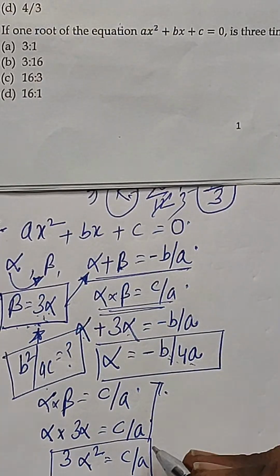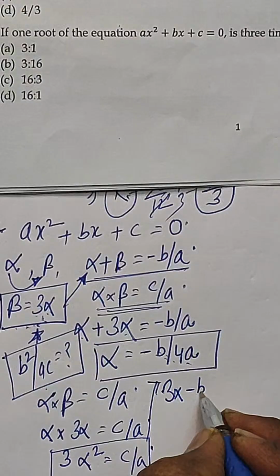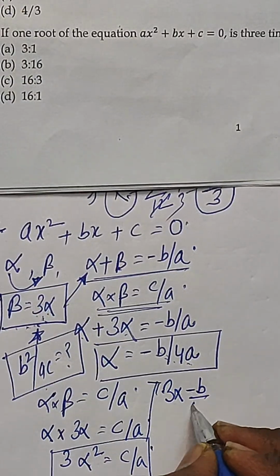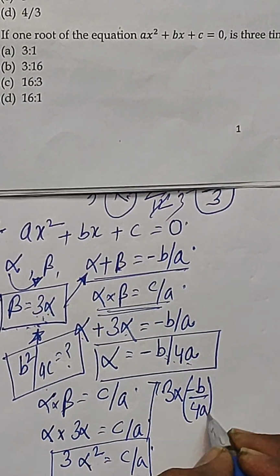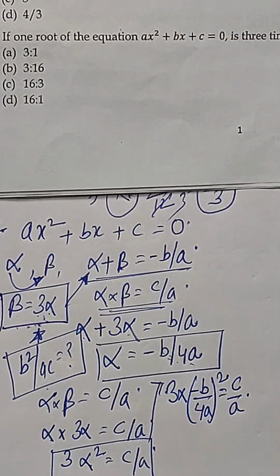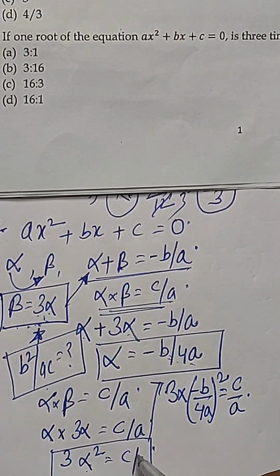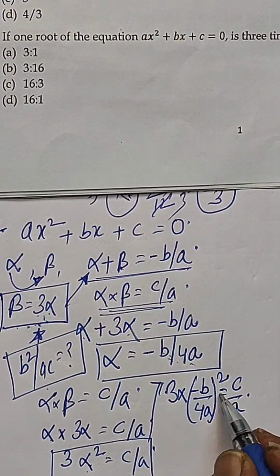So it will become 3 into minus b by 4a whole square is equal to c by a. Is it okay or not? Tell me. What we did, simply 3 alpha square equal to c by a, we just put the value over here.